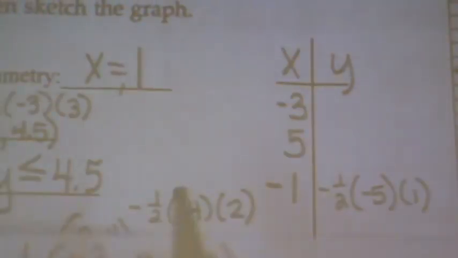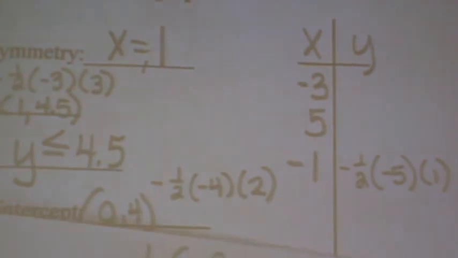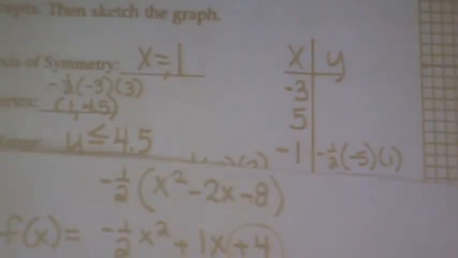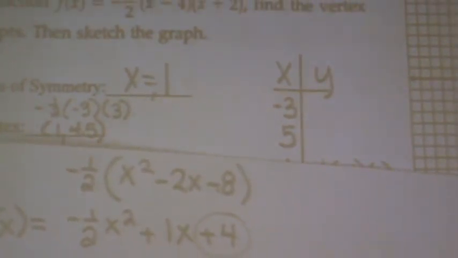How would you find the vertex? Plug 1 in here. 1 squared multiplied by negative 1/2, 1 times 1, add it all up, and you'll get 4.5. Yes? I thought for standard form you can have fractions. Yeah, you can. You're talking about standard form of a line.